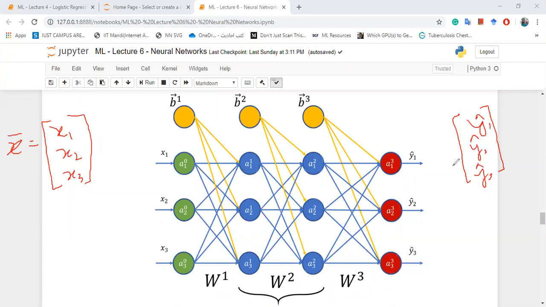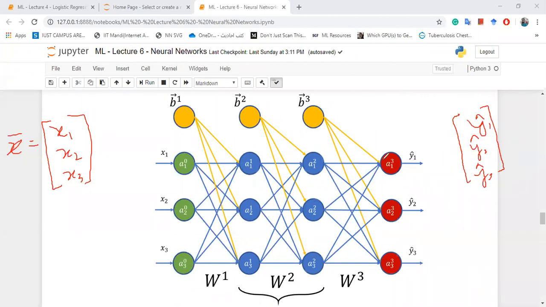Now, can anybody tell me whether we are dealing here with, let me say, a classification task, binary classification or multi-class classification? Look at this vector. Multi-class. It's multi-class, right? We have done it in softmax as well.